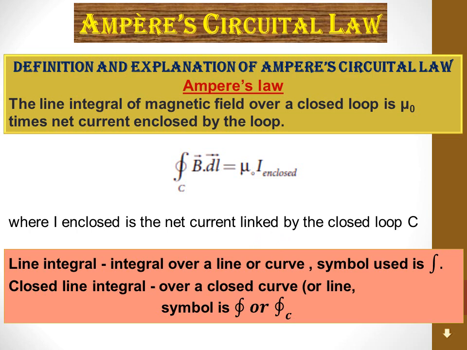Here I enclosed is the net current linked by the closed loop C. Note that the line integral does not depend on the shape of the path or the position of the conductor with the magnetic field.